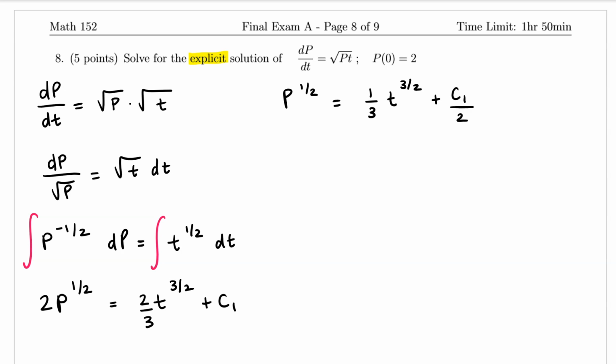Now, C1 divided by 2 is just some constant, so I'm going to replace that and call it a different constant with the label C sub 2.